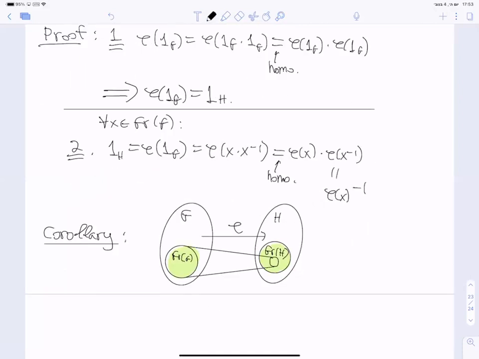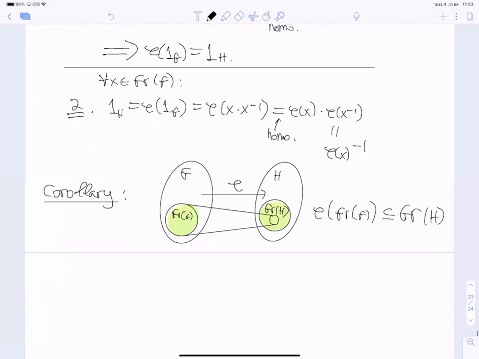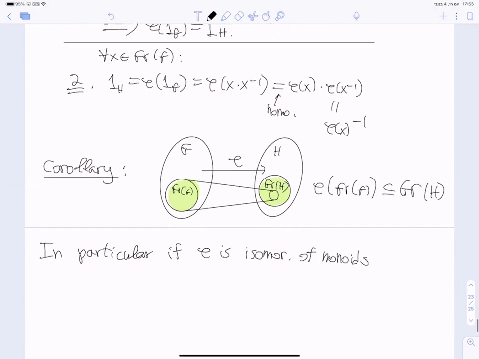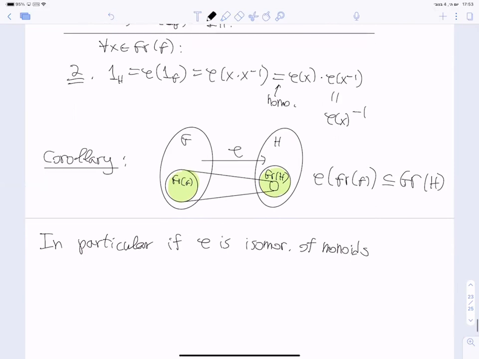Okay, so the image of phi of the group of G is inside the group of H. And in particular, if phi is an isomorphism of monoids, then of course this remains true for the groups.